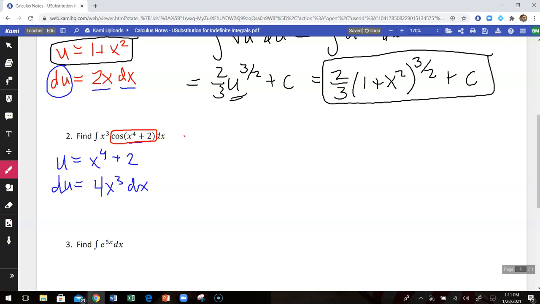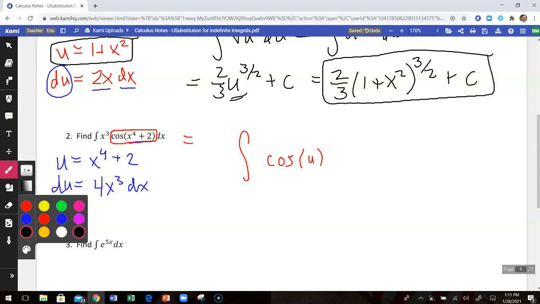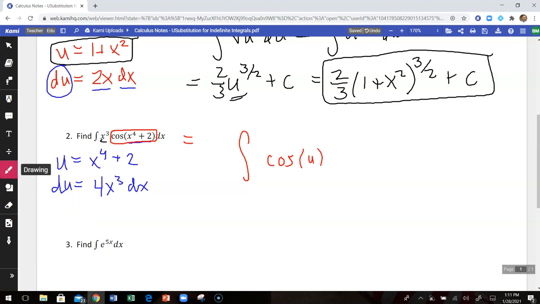So that's going to tell me that my integral is going to be the cosine of u. But there was some other stuff inside there. What I had was this x cubed and dx that I need to get rid of. I cannot have u's and x's inside my integral. I've got to get rid of all the x's and replace them with u.